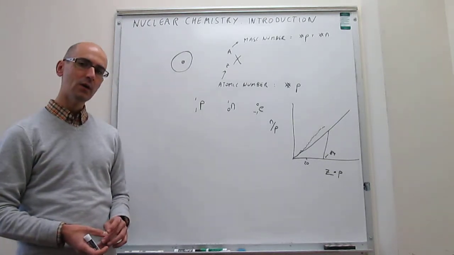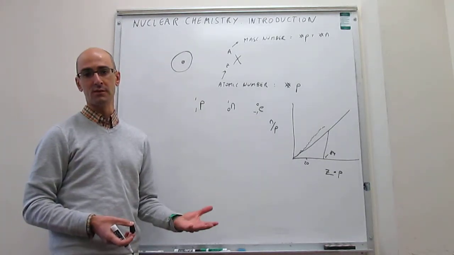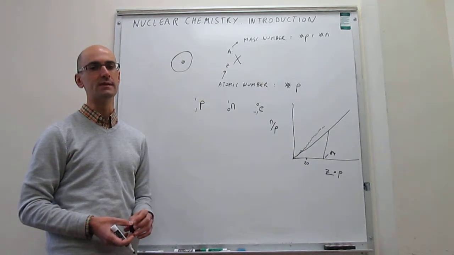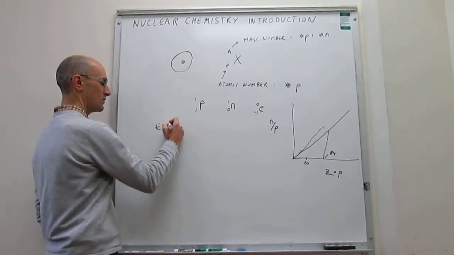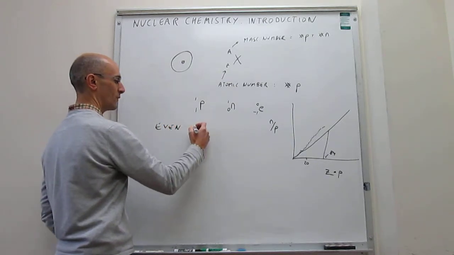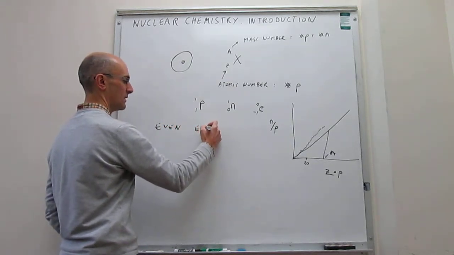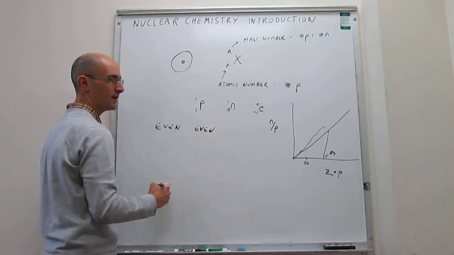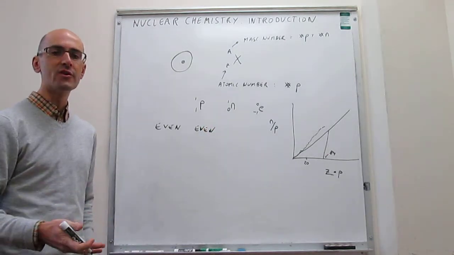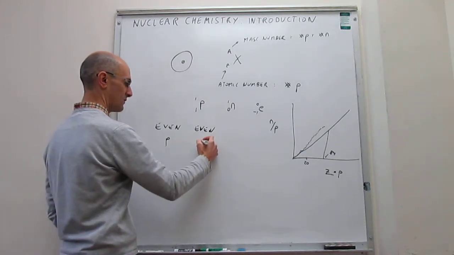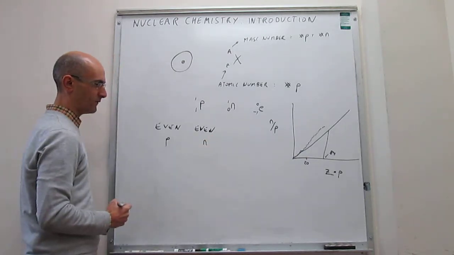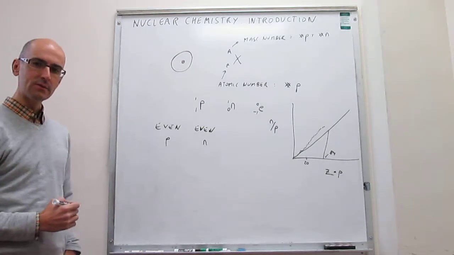Within that, what we know from experimentation, by just looking at which atoms are stable, is that combinations of an even number of protons and an even number of neutrons seem to provide the larger number of stable isotopes. That seems to be particularly stable.